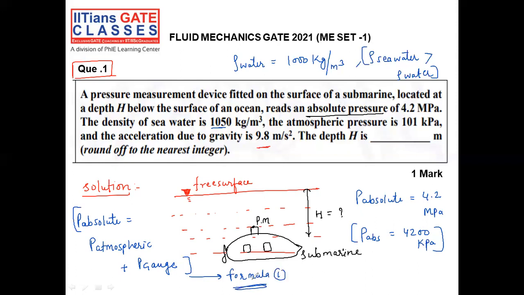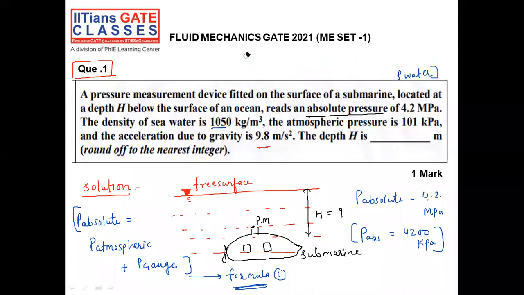What is the significance of this formula? We know that the absolute pressure is a combination of atmospheric pressure and gauge pressure. The gauge pressure can be positive or negative. The negative gauge pressure we call vacuum pressure.